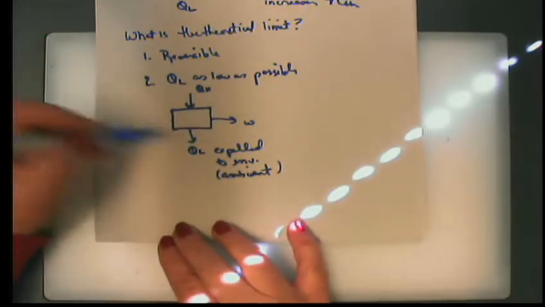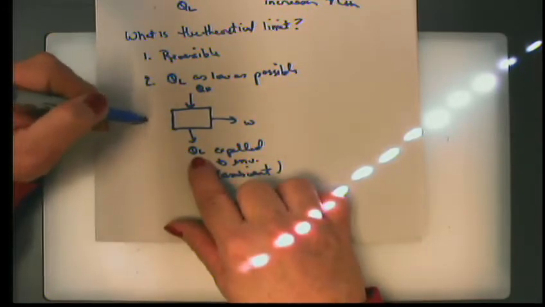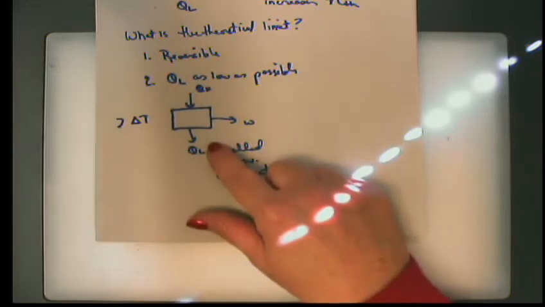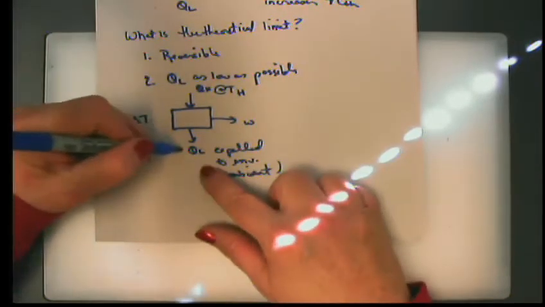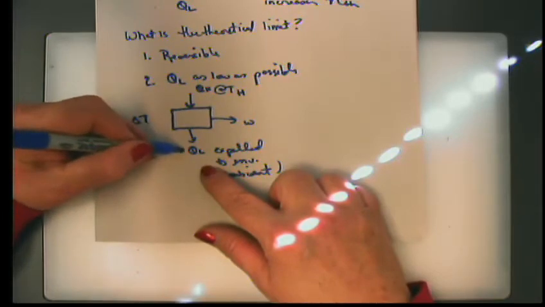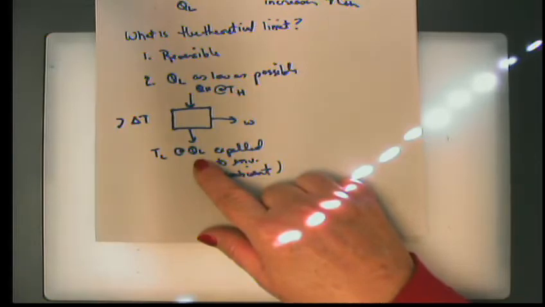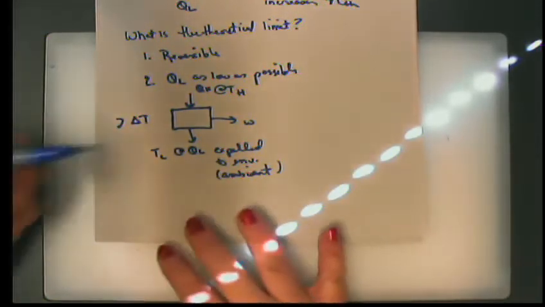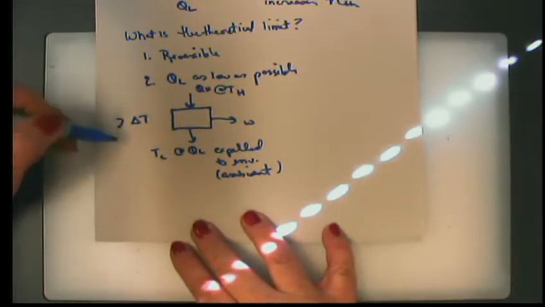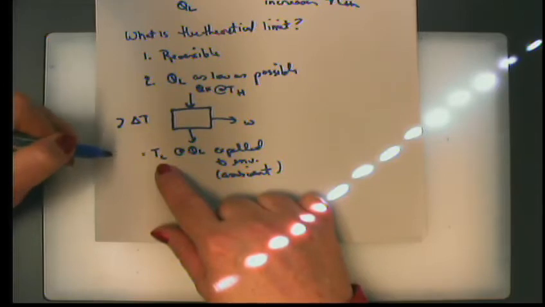And basically, if you think about it, if you have a larger delta T, in other words, if the temperature change between T sub H, where you get your heat, and T sub L, or low, where you expel your heat, the greater that is, the greater amount of work that you have. And one way to think about this is, let's just say, for example, the low temperature reservoir outside is at 70 degrees Fahrenheit.